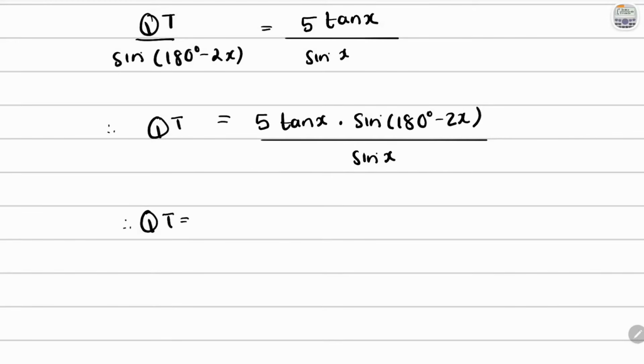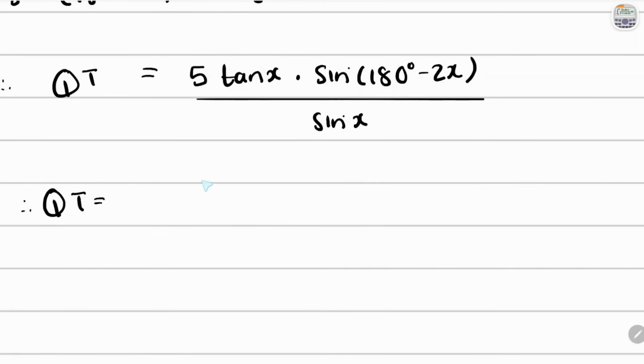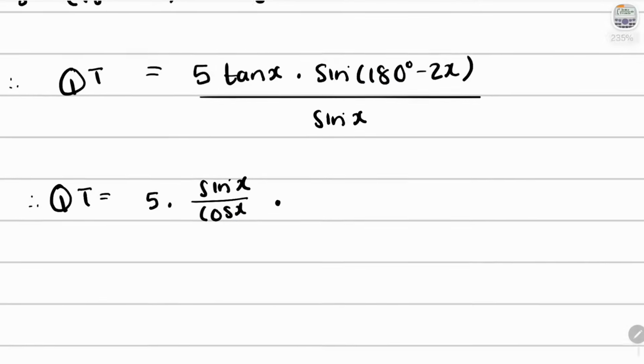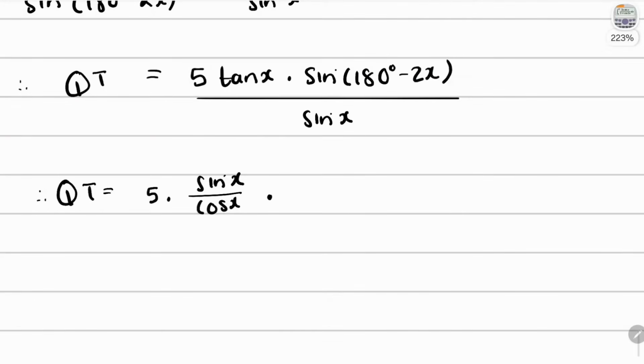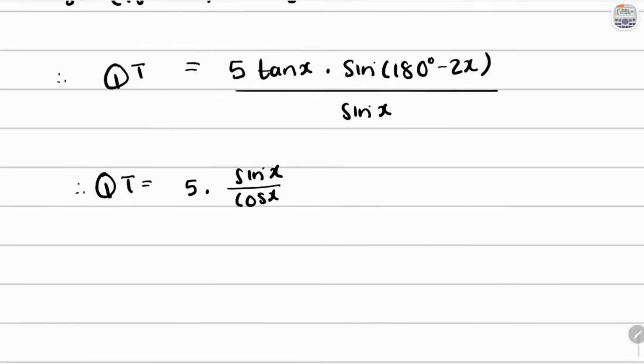QT is simply equal to, we can use the identity of tan x, so that's going to be 5 multiplied by sine x over cos x, and this is multiplied by, when we simplify that using the reduction, you see that it is in sine's quadrant, 180 degrees minus an angle. So this will reduce to sine of that angle, 2x, and this goes all over sine x.